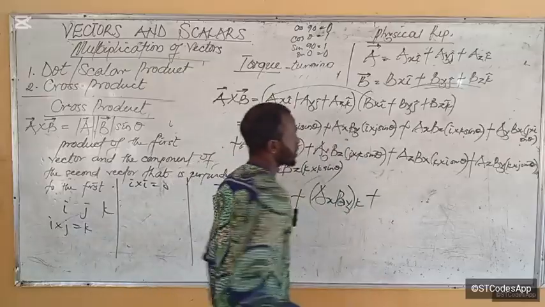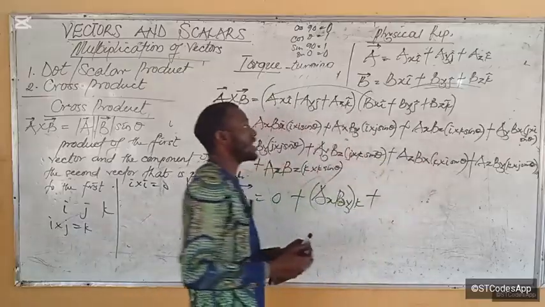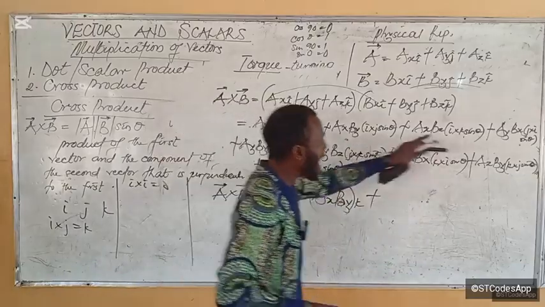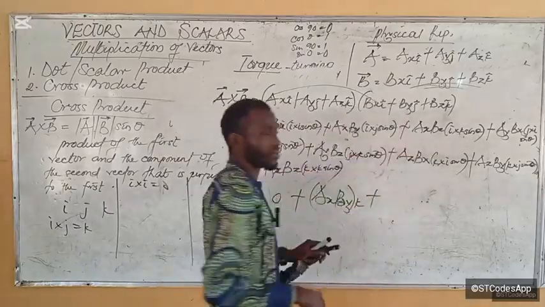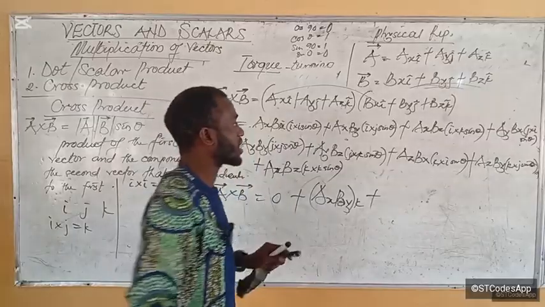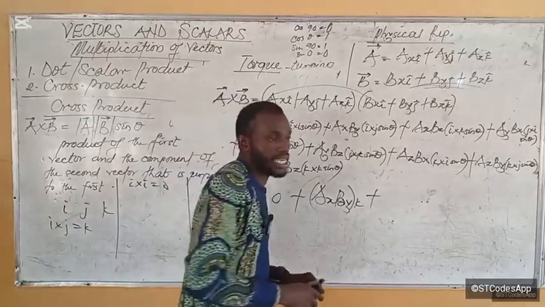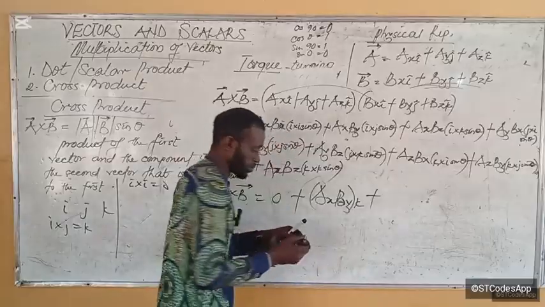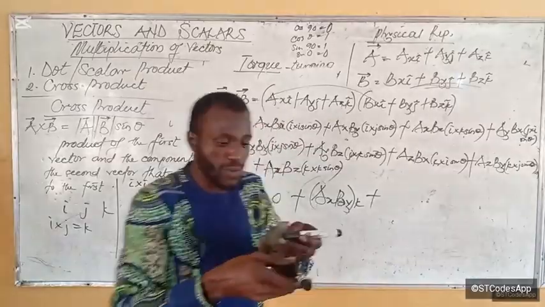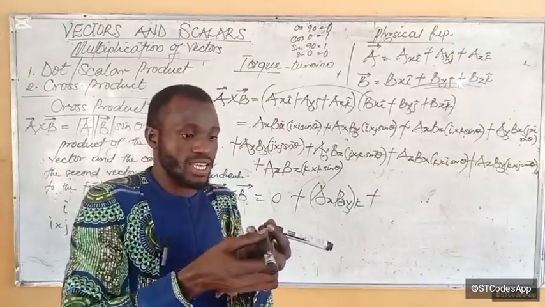Then plus this one now. Let's do I cross K. How do we cross I and K? K is out of the board, I is here, so let's cross it.